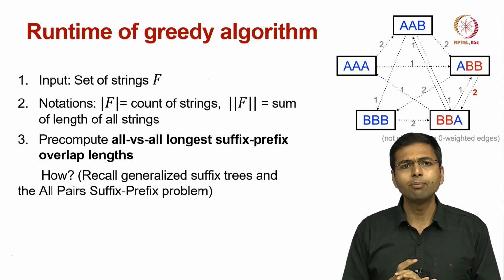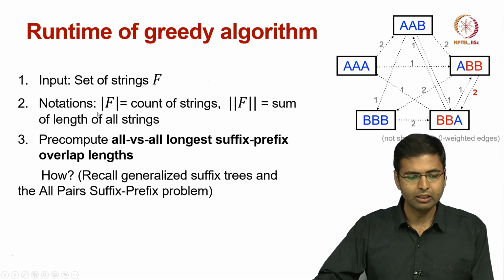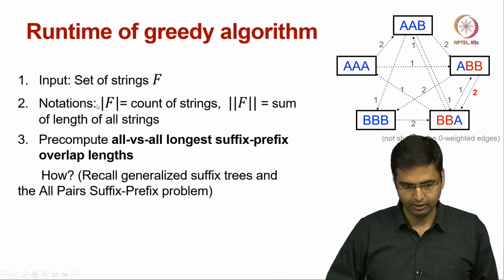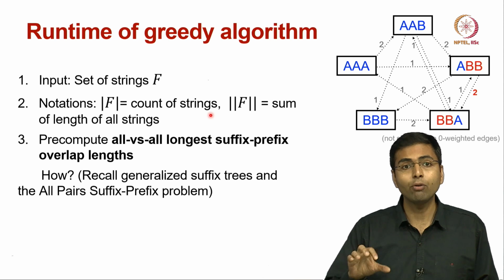To run this algorithm more efficiently, suppose we have a set of strings F. We use this notation to denote the count of strings in F, and use this double vertical symbol to denote the sum of the lengths of all the strings.